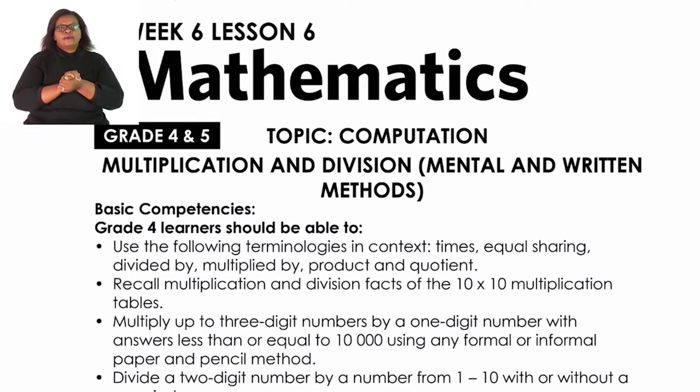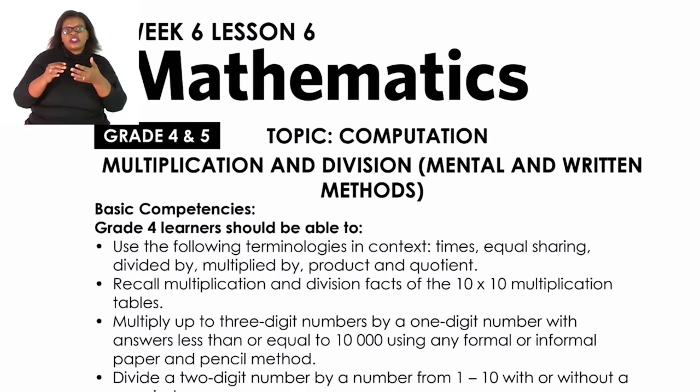The learner should be able to use the following terminology in context: times, equal sharing, divided by, multiplied by, product, and quotient. Second, the learner should recall multiplication and division facts of the 10 times 10 multiplication tables.